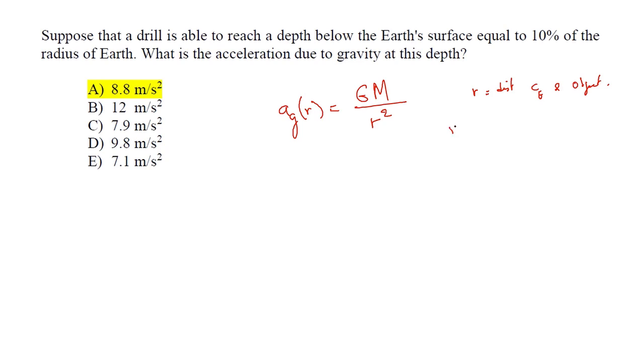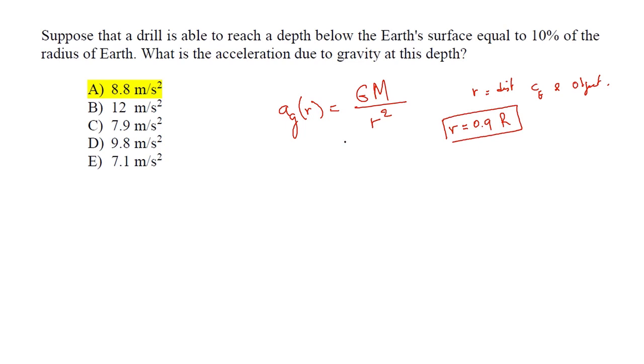So here the depth is 10% below the Earth's surface. That means r is equal to 90%, so 0.9 multiplied by the radius of the Earth. Okay, the distance between the center of Earth and where the object is, is 90% of the radius of the Earth.